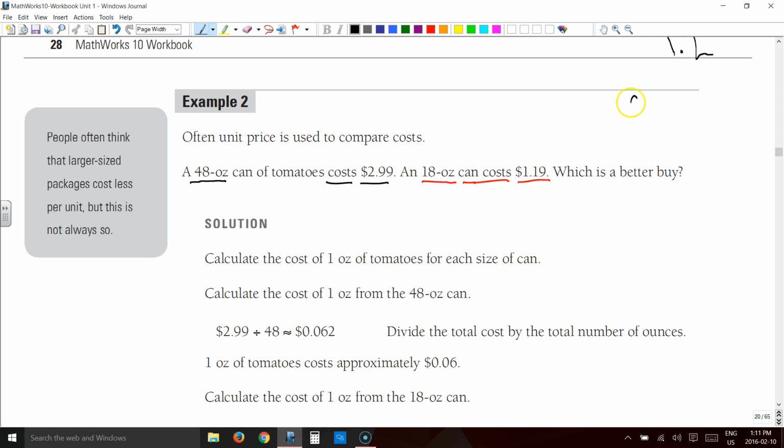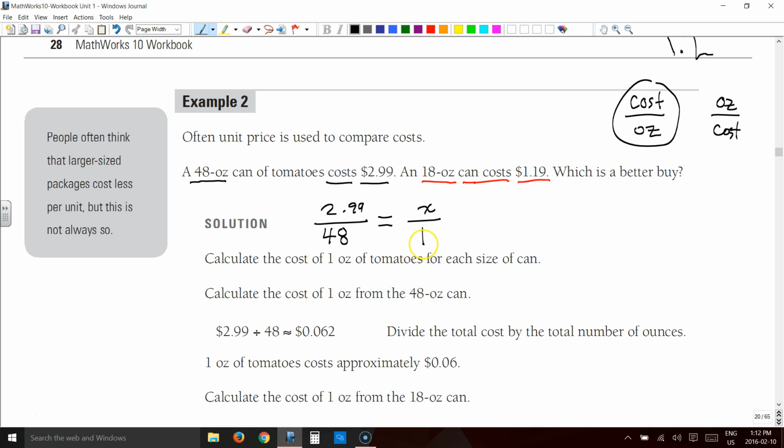Are we looking for cost per ounce, or are we looking for number of ounces for a given cost? I say it's this one here. We want to know a certain cost per ounce. So make sure cost is on top, ounce is on the bottom. So cost is $2.99, and ounces is 48, compared to how much for 1 ounce?